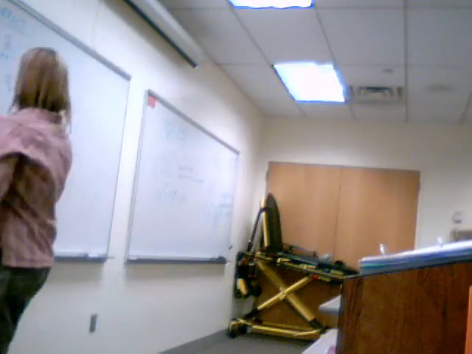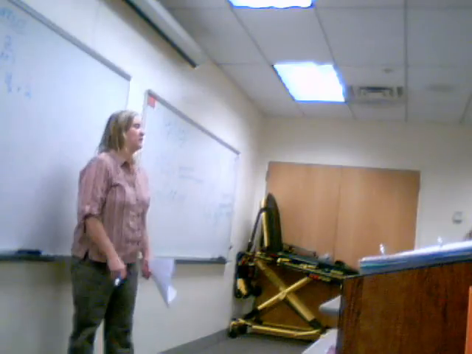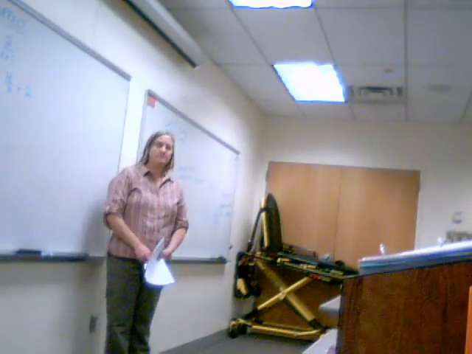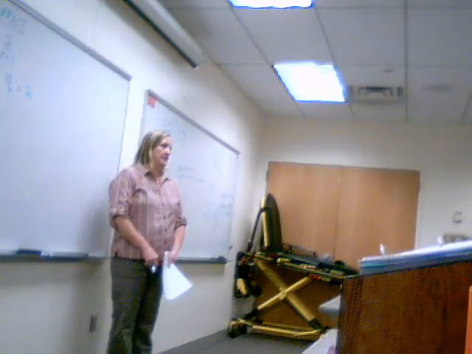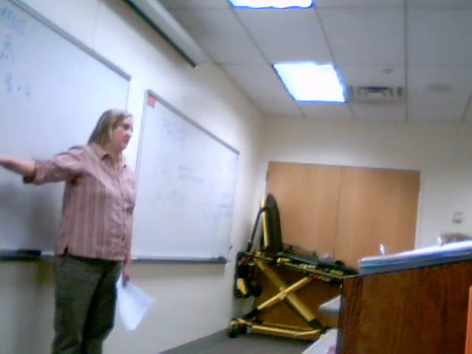Here's another example. X over xy becomes what? 1 over y, right? Because the x's cancel out. Boom. It's got to stay where it is, because it's on the bottom. But look at it if I put an addition sign here.